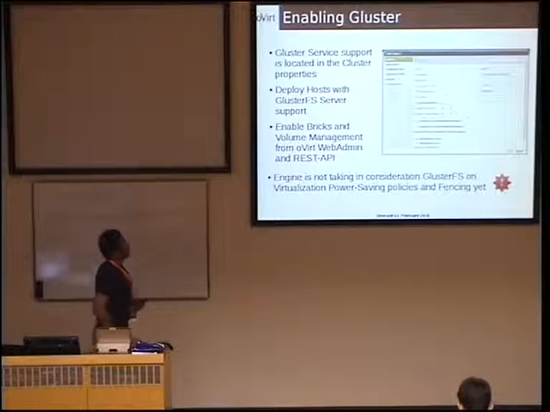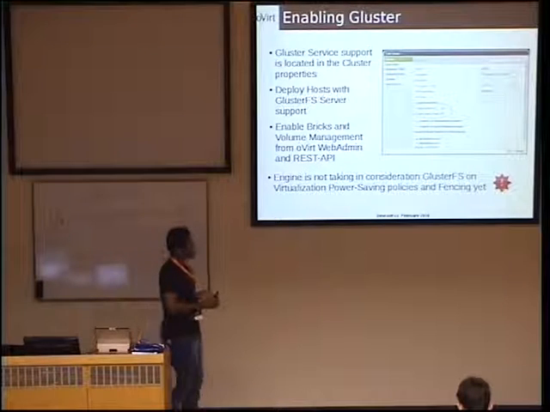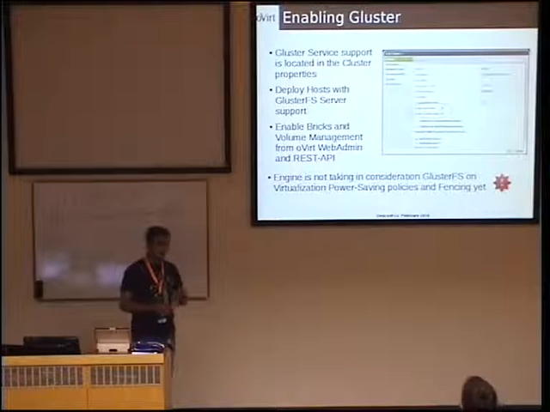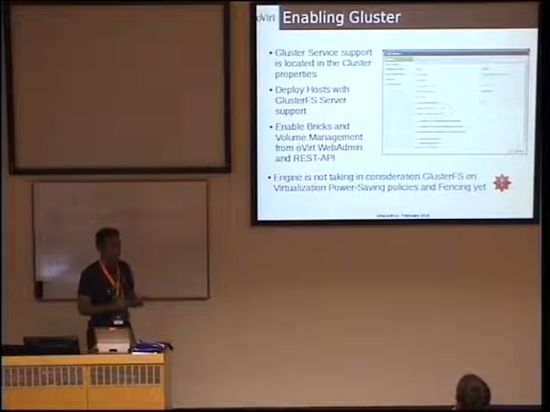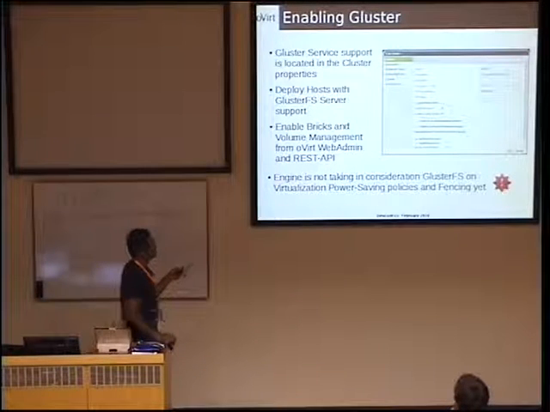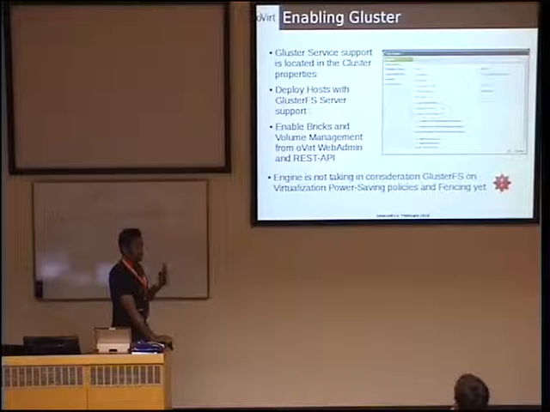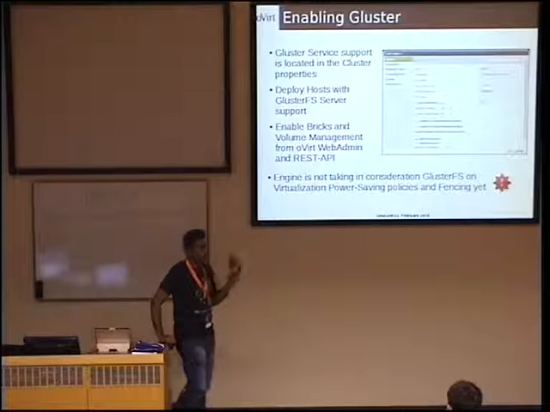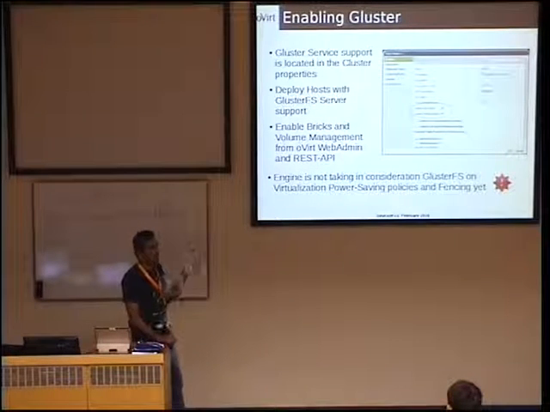So how do you enable Gluster? Gluster was integrated with oVirt, I think, since 3.1, for a long time. Currently, you can manage your whole Gluster deployment using oVirt. In this hyperconverged case, we have a cluster where you want to run both oVirt and Gluster. By default, I think it should be fixed in oVirt, it doesn't enable Gluster service. So we have to go and edit the cluster to enable Gluster service.